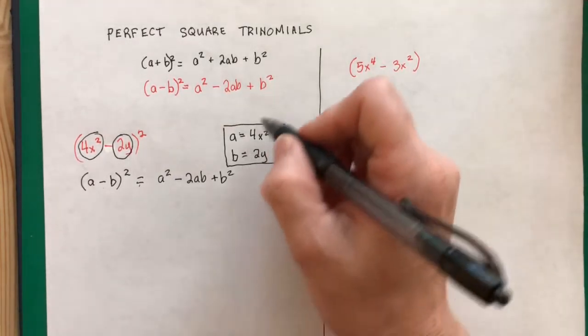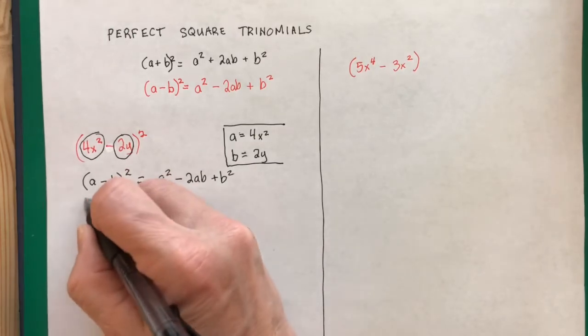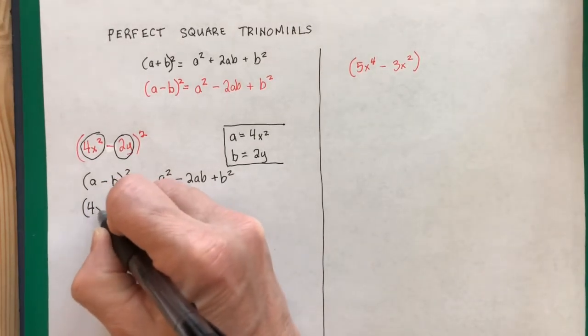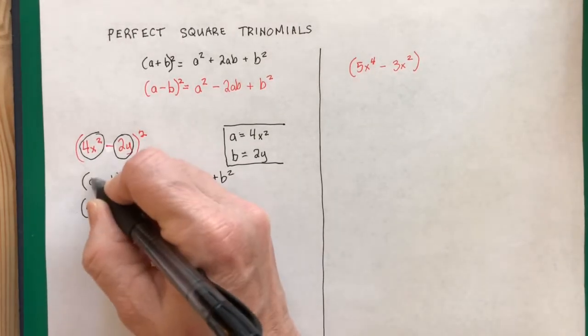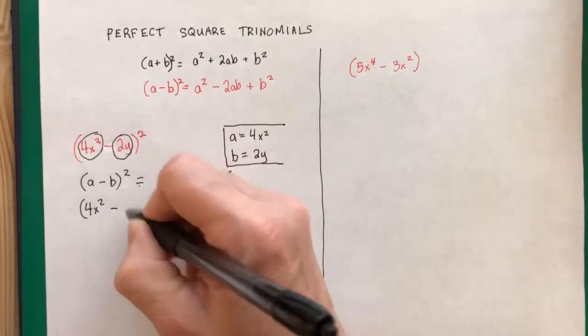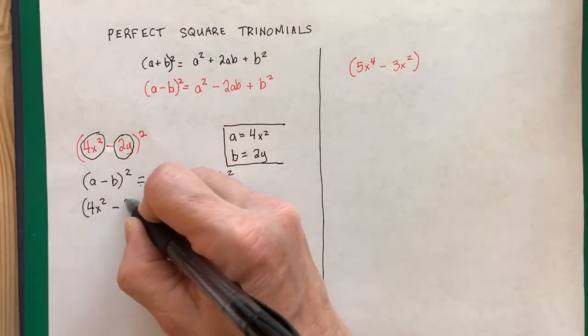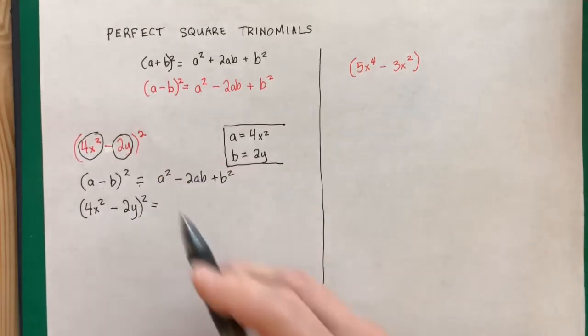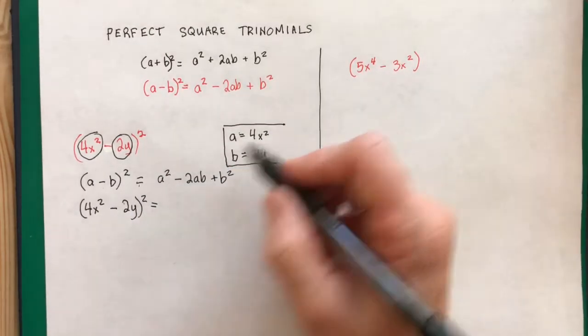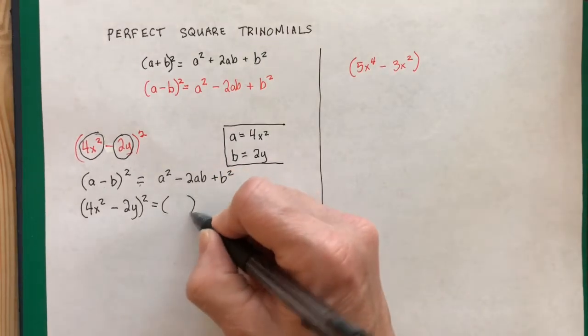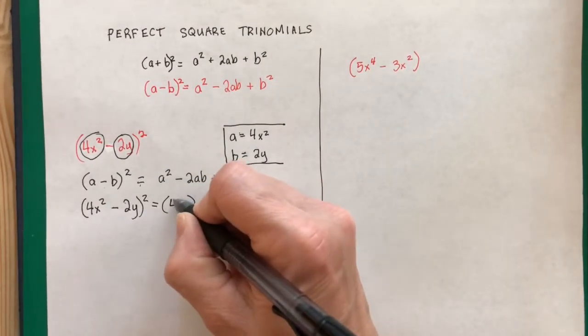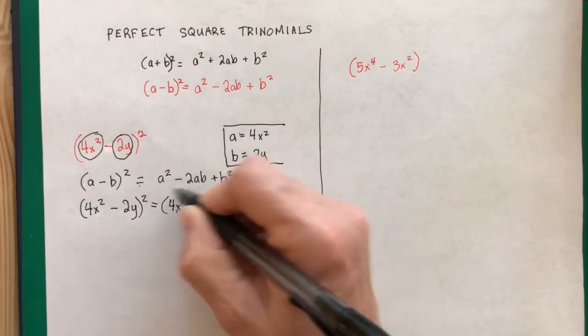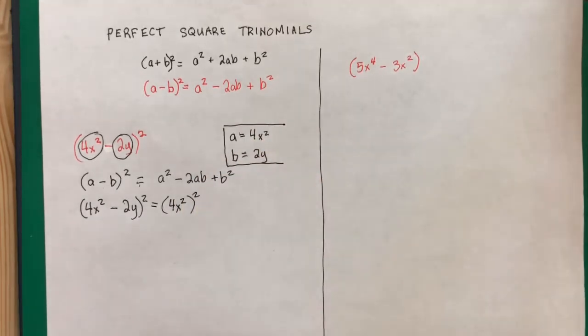So now I'm going to substitute in everywhere where I had an a. So here's my original problem, 4x squared, because a is 4x squared, minus b is 2y, and this whole thing is squared, equals. Now, what would I put for a? I'm going to put the parentheses and put 4x squared inside it, because that entire thing is squared.